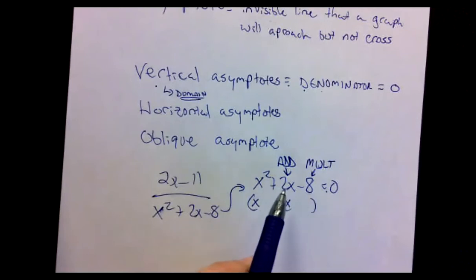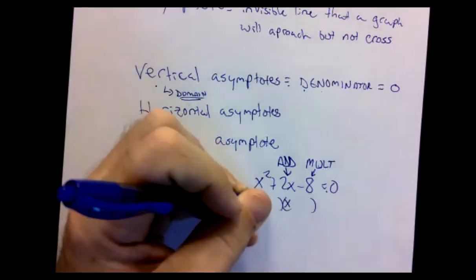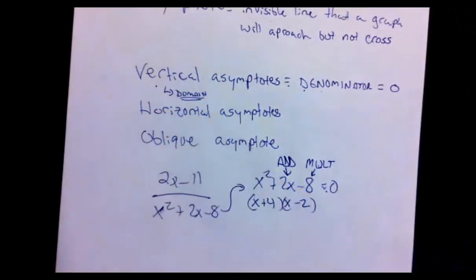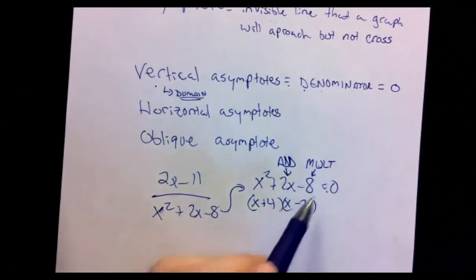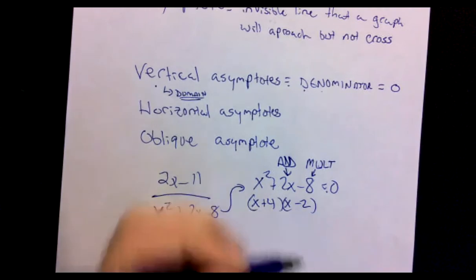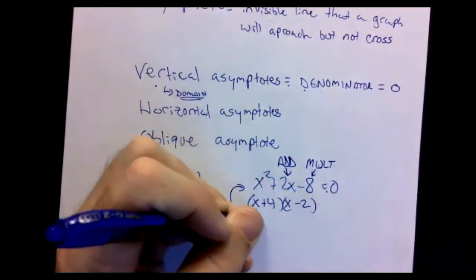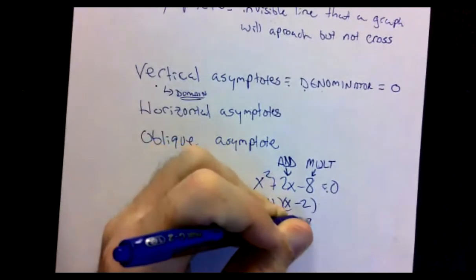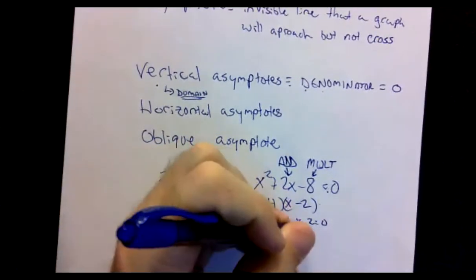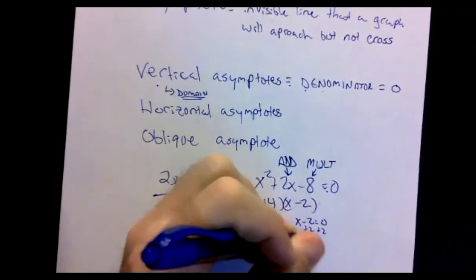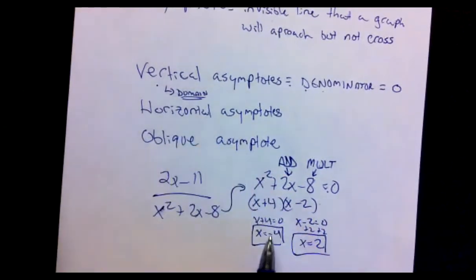Okay, and we have to figure out which ones are going to add to get +2. So that's going to be +4 and -2. 4 times -2 is -8. 4 plus -2 is 2. So these are my factors. So if we set those equal to 0 and solve, we get 2 and -4.